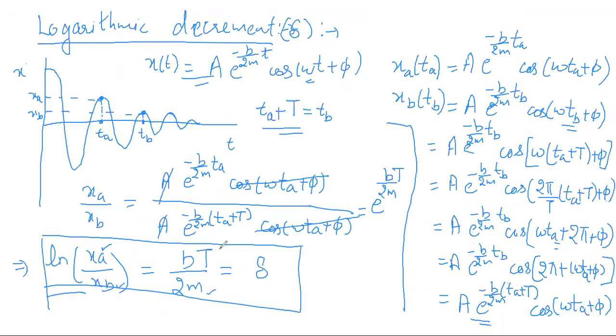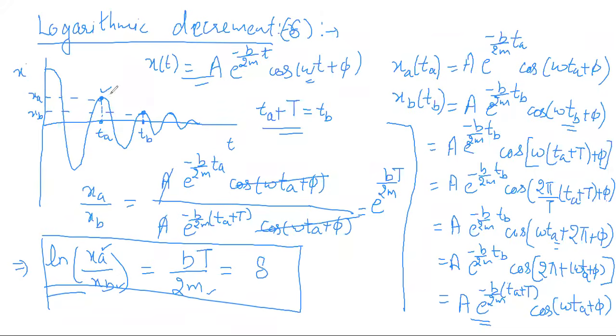What is the application of this number here? What is the application of logarithmic decrement? For example, you are given an unknown liquid whose damping coefficient you don't know. What you can do is take a pendulum. From the point where you start on one side, after one cycle, when the pendulum comes in the same direction, you can again measure the amplitude.